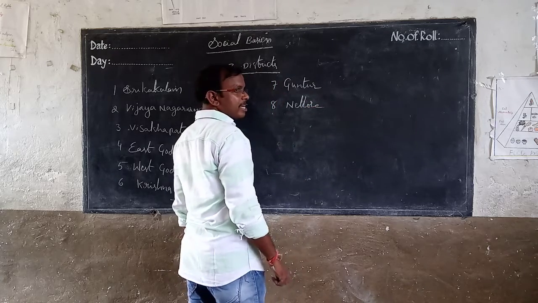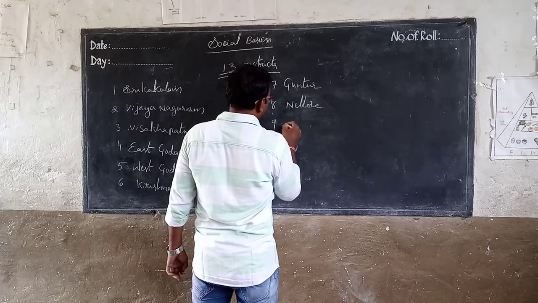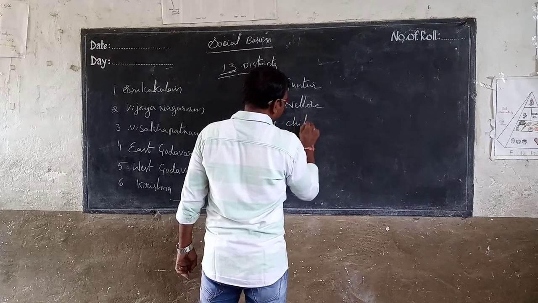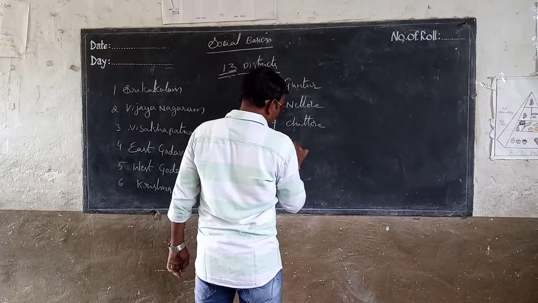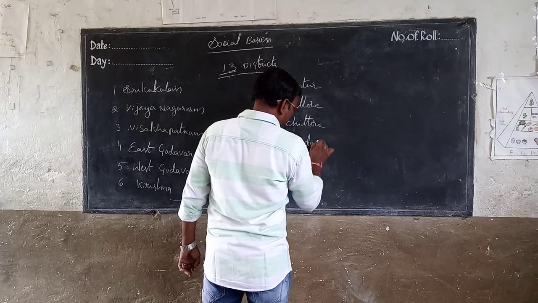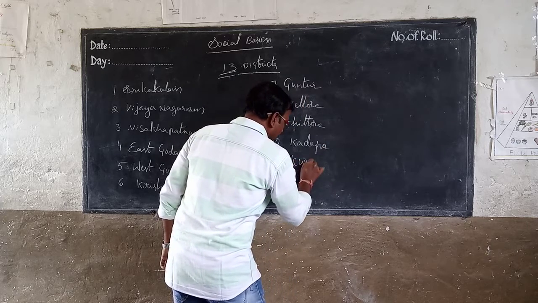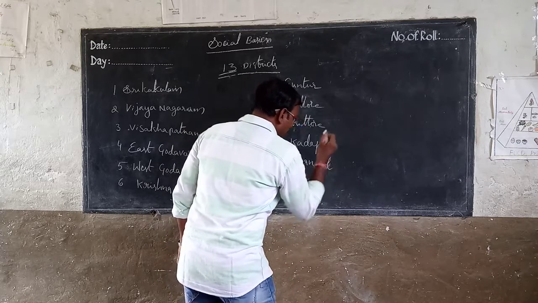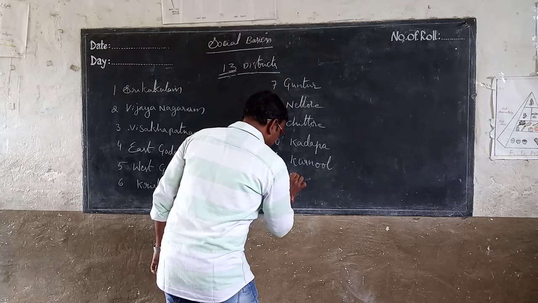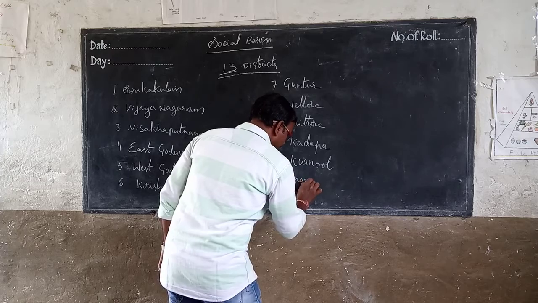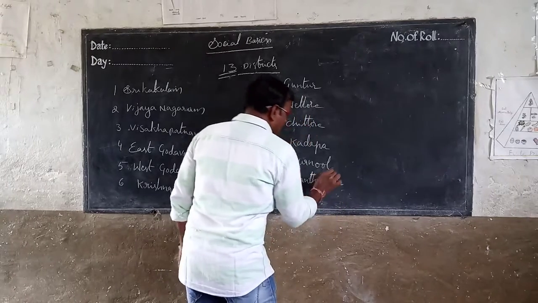It is PS Nellore, Potti Sriramulu Nellore, like that they will say. And Chittoor, Kadapa, Kurnool, Anantapur.